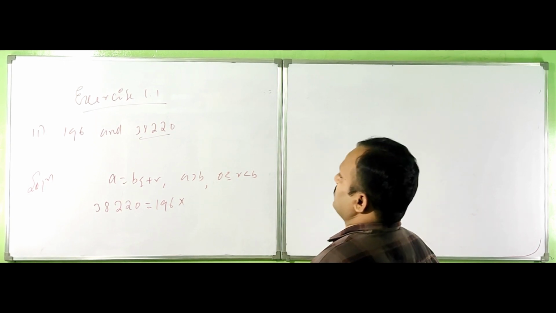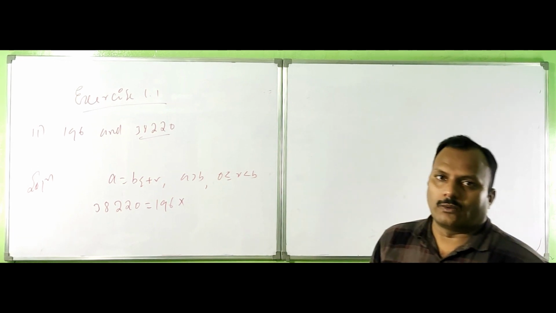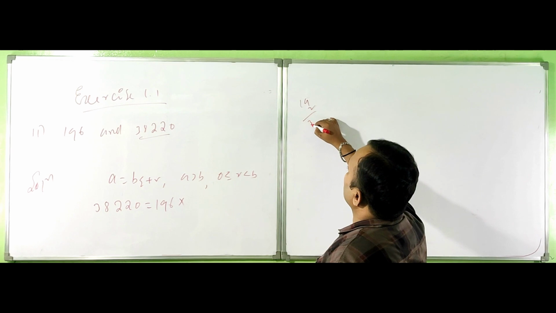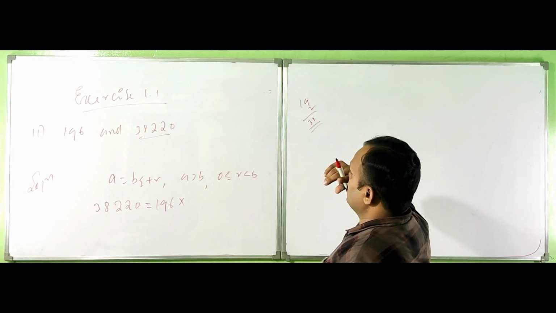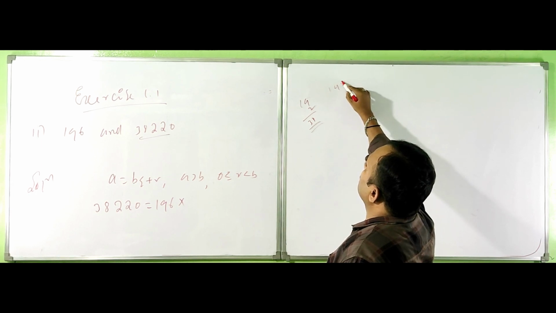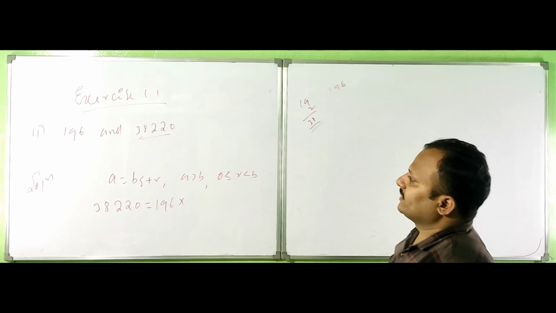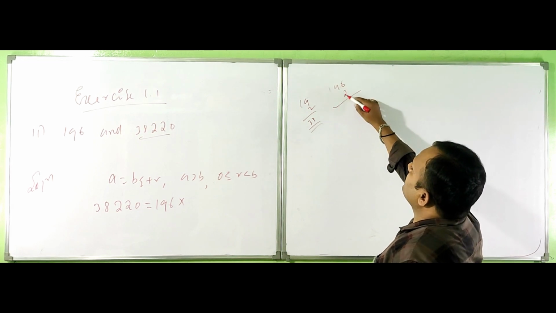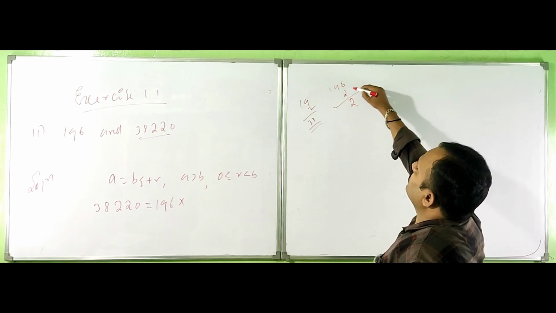So the nearest answer is 196 into 2. 19 into 2 we have 38, so this is 200. So there you can do 196 into 200.